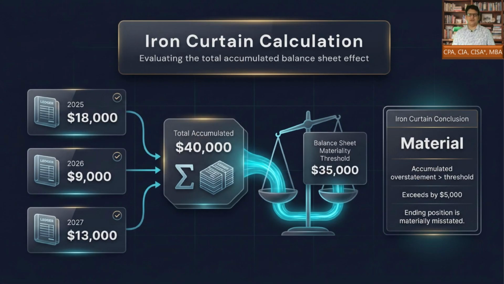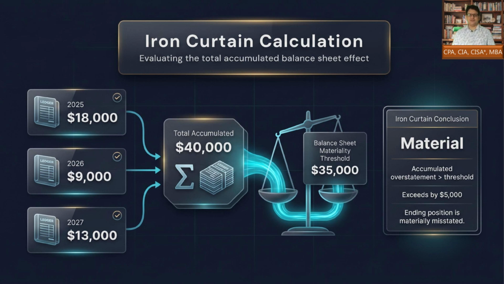Under the iron curtain calculation, we evaluate the total accumulated overstatement embedded in the ending 2027 balance sheet. That includes 18,000 from 2025, 9,000 from 2026, and 13,000 from 2027. Total buildup is $40,000. The balance sheet threshold is $35,000.